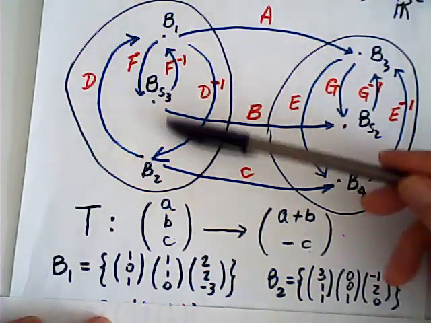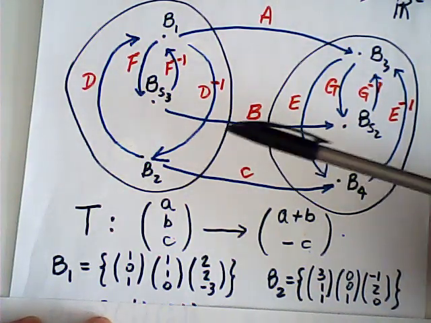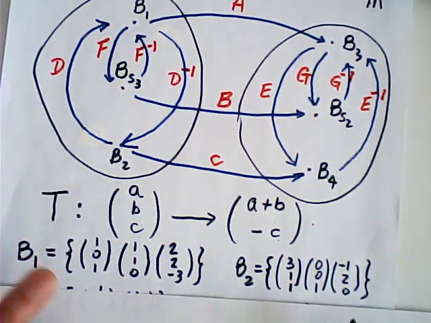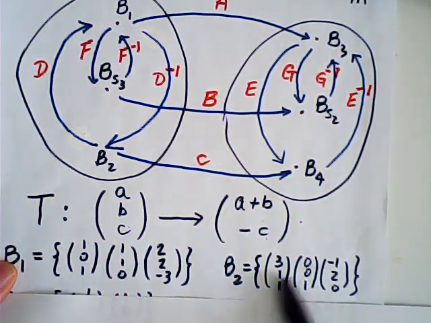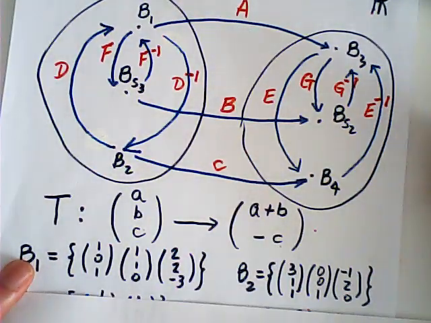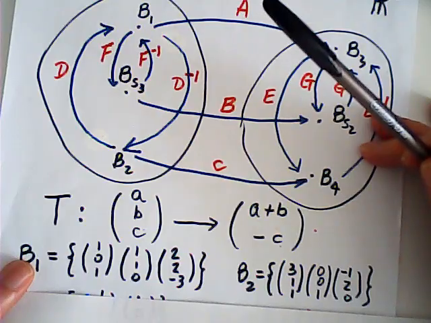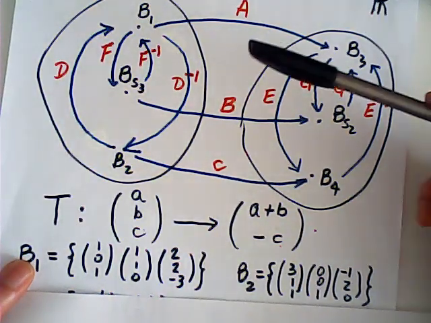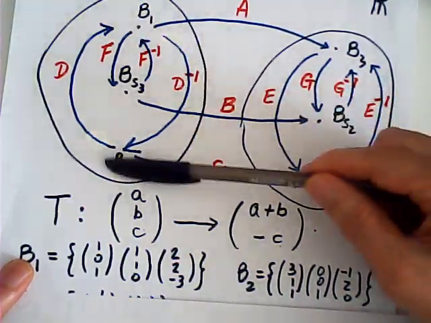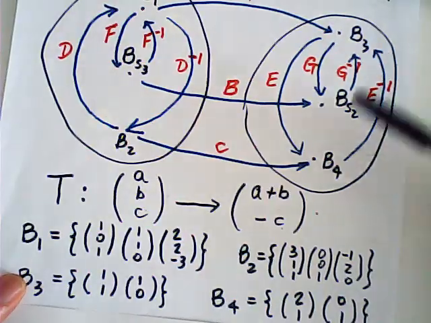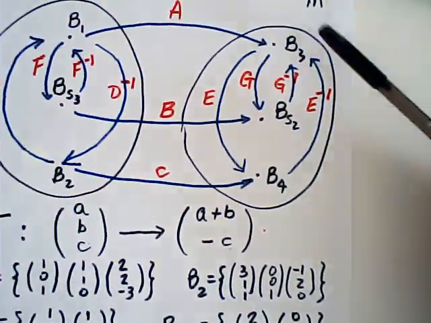Of course, you can have infinitely many bases. For example, B2 is another basis because these three vectors are linearly independent and they generate the whole space of R3. I just pick two. The same thing goes for R2.